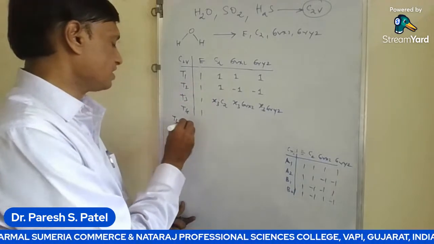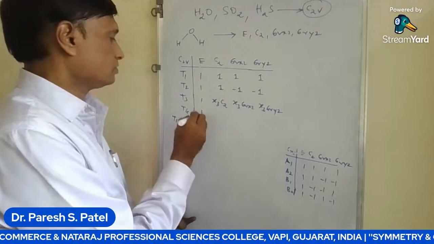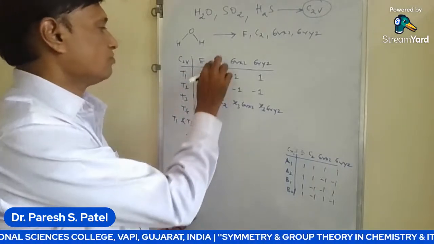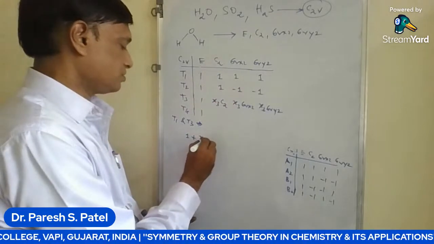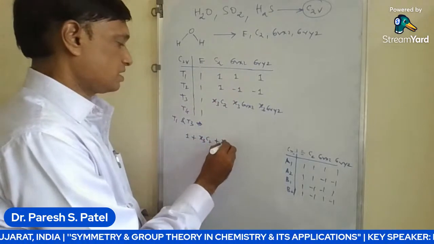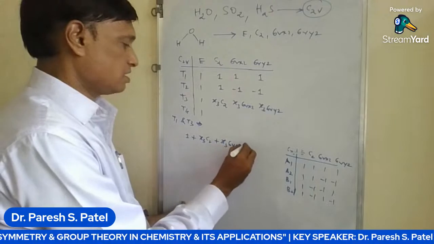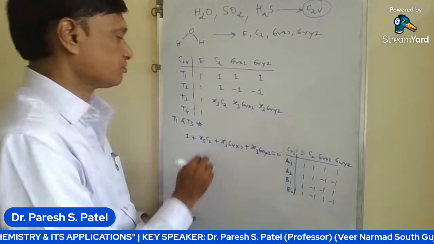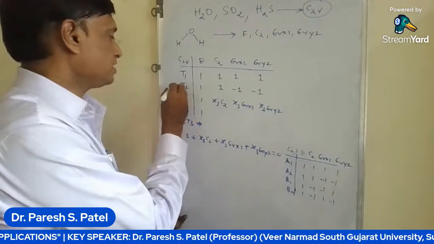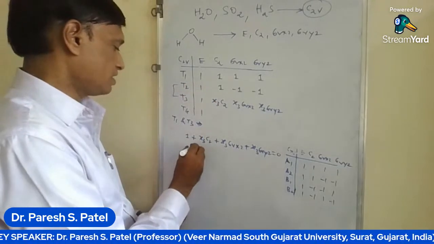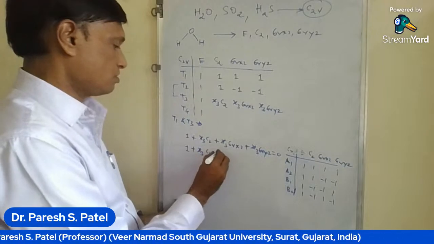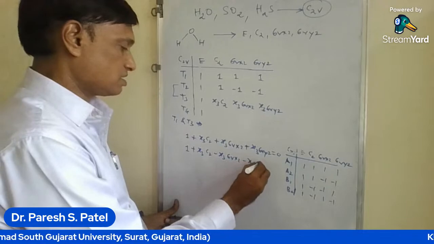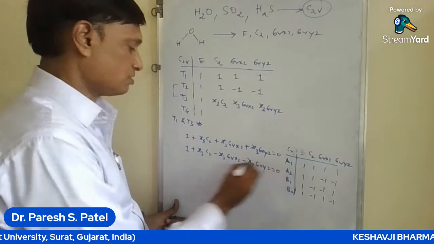First of all, T1 and T3: 1 into 1 into 1 is equal to 1, 1 into 1 into character 3 C2 plus character 3 sigma v xz plus character 3 sigma v yz is equal to 0. And T2 and T3: 1 plus character 3 C2 minus character 3 sigma v xz minus character 3 sigma v yz is equal to 0.